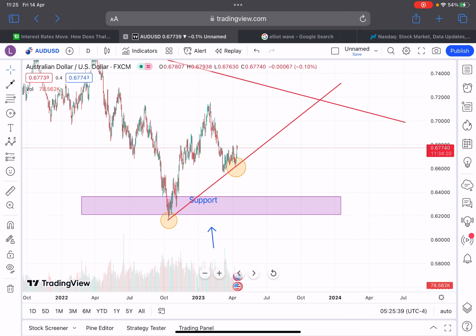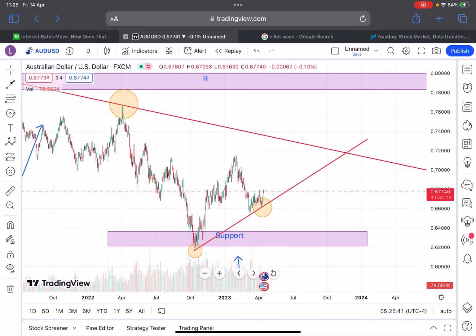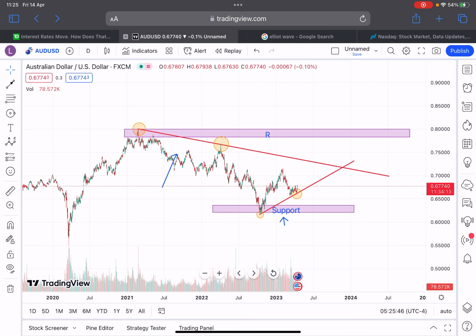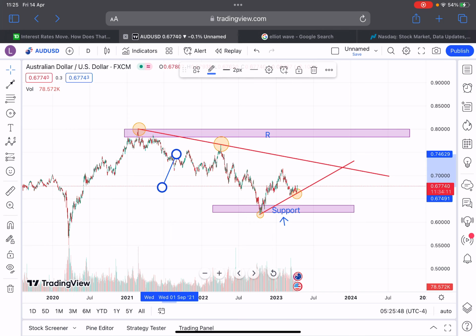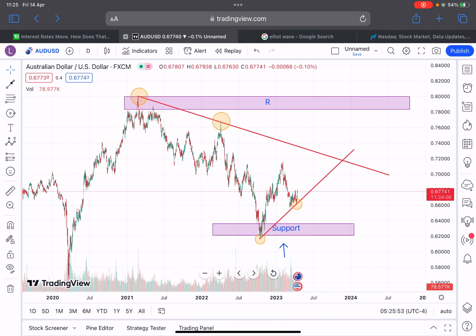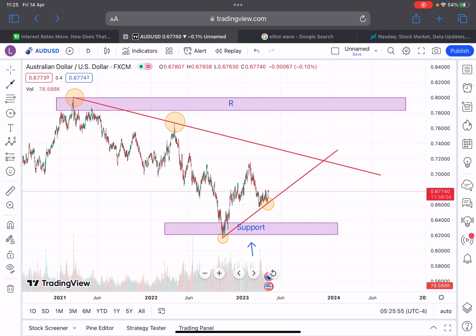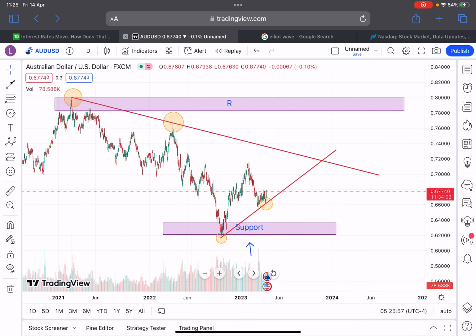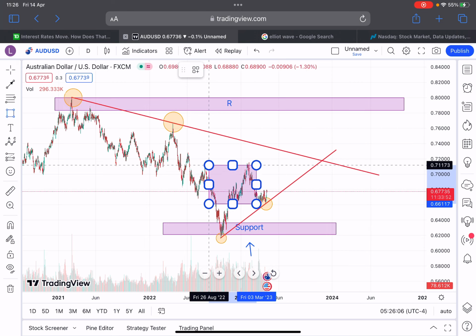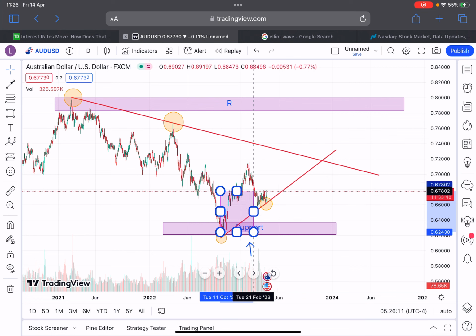The reason we don't have our touch 3 is because we don't have a confirmation yet. But since we want to determine our main trend for this chart right here, we will have to see what happens for this trend to go up, or for this trend to start going down, or for this trend to start going up.